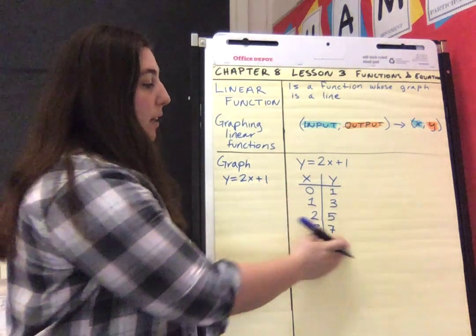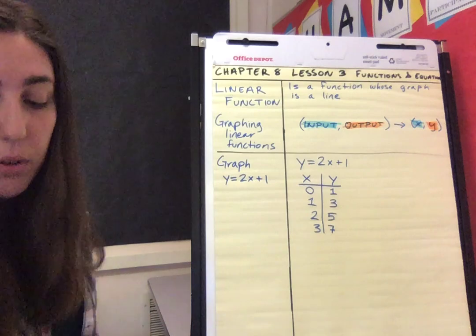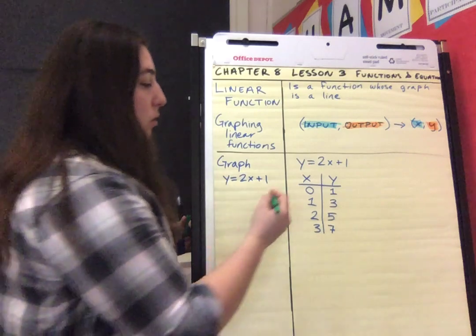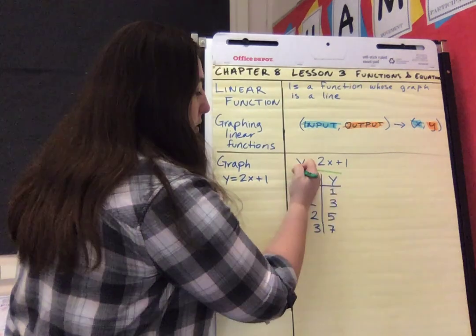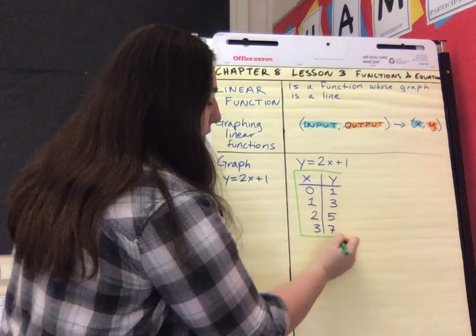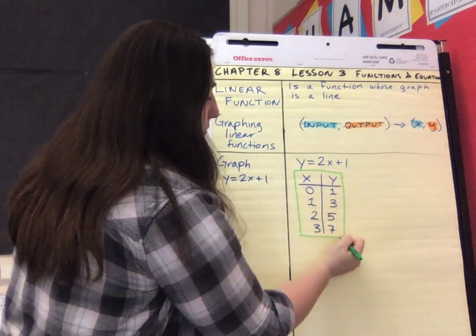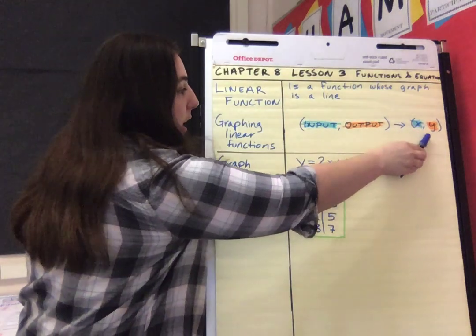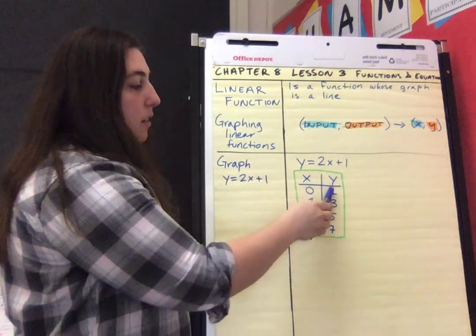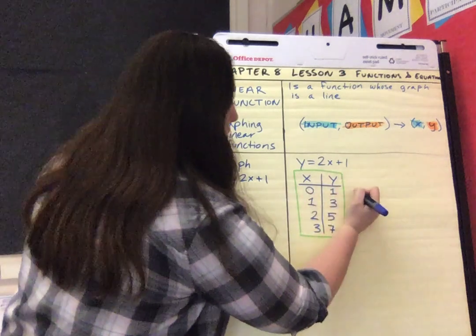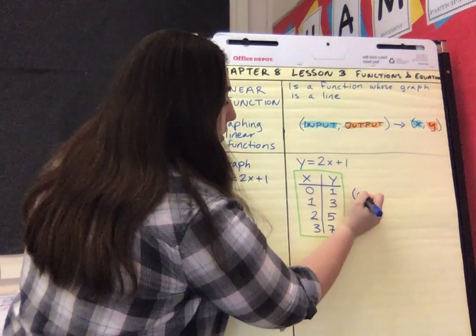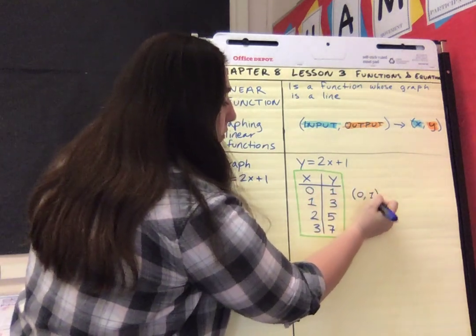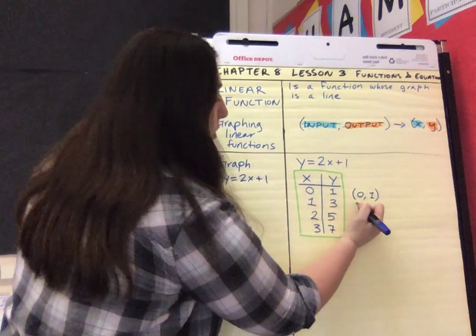After we fill our table out, we are going to make our ordered pairs. Remember, an ordered pair looks like (x, y). So here are my x's, here are my y's. 0 first, then 1. So I'm just looking straight across.